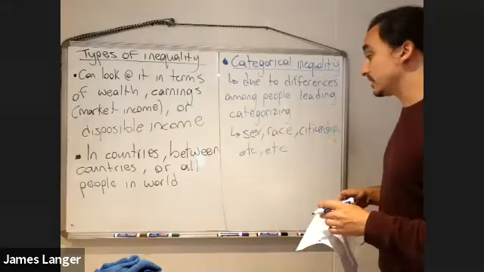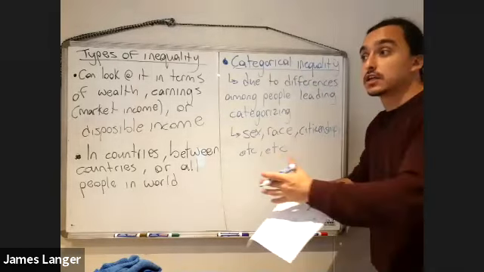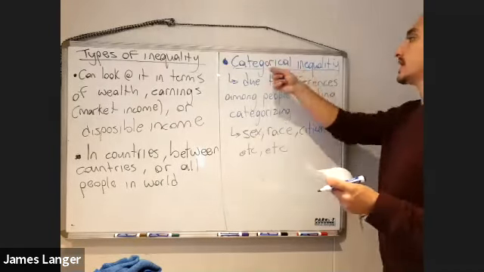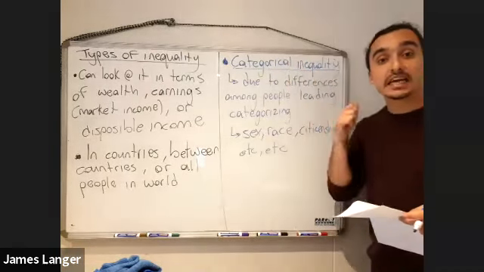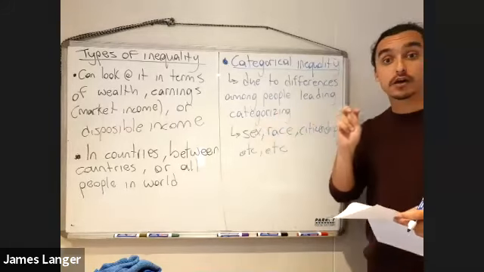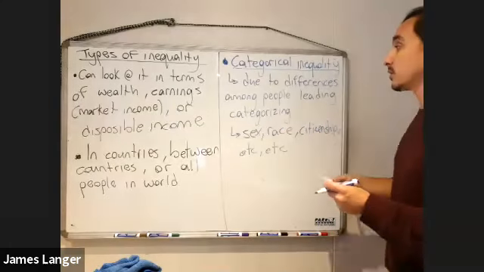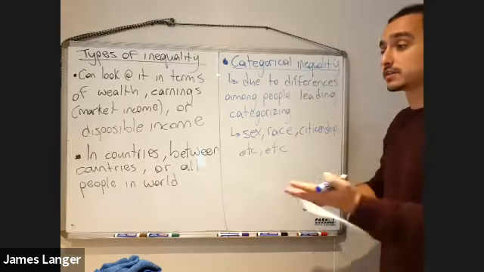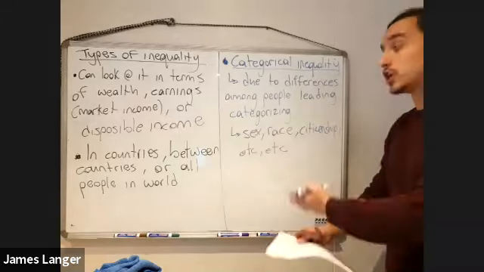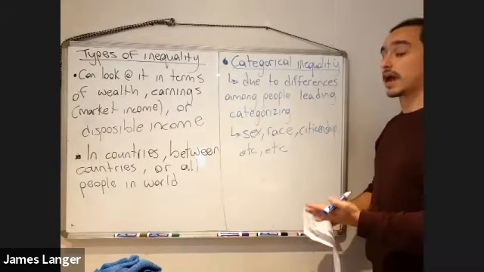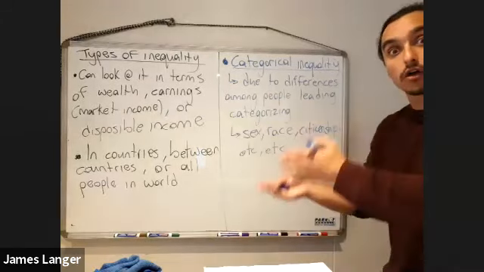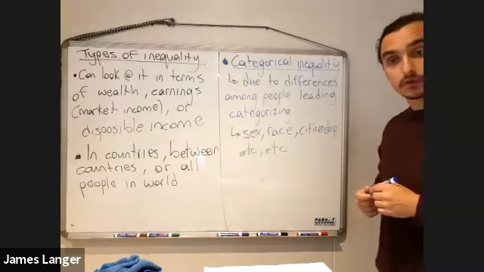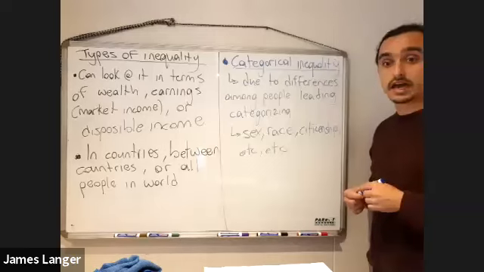We've said black, white, colored, and so on and so forth. So categorical inequality is when we see income inequality between different categories of people. Basically where the differences among people, because of the differences in their sex or gender, lead to an income inequality along those lines. Give me a thumbs up if everyone understands this.